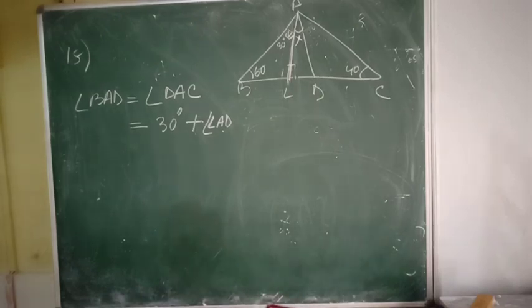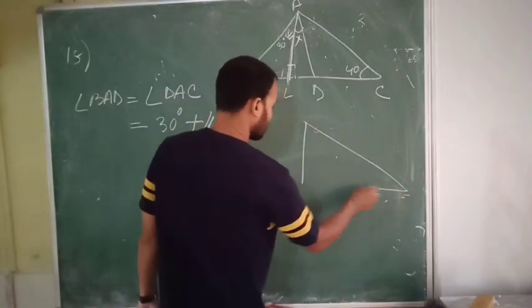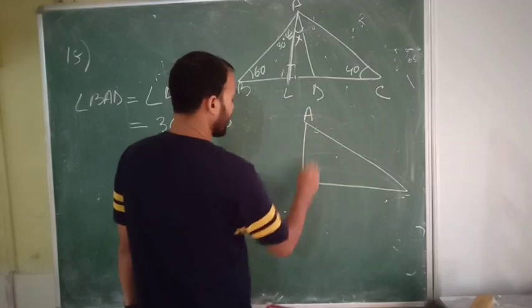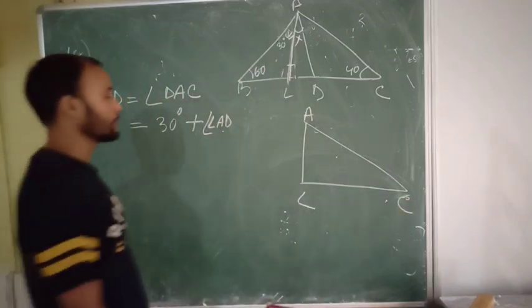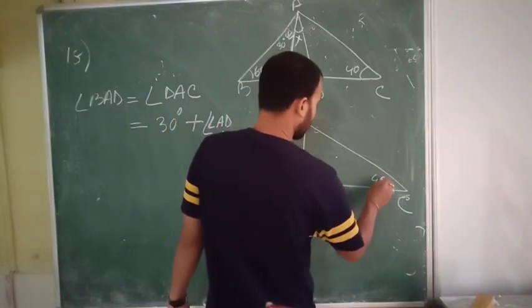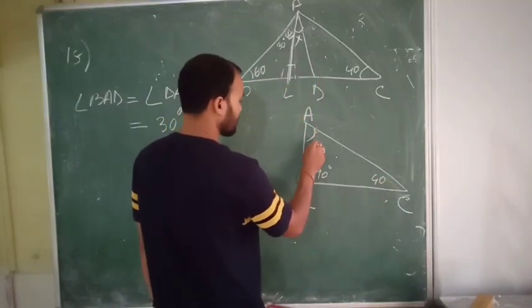Now, you do one thing. Try to find this angle ALC. This is 40, this is 90, so this will be 50.